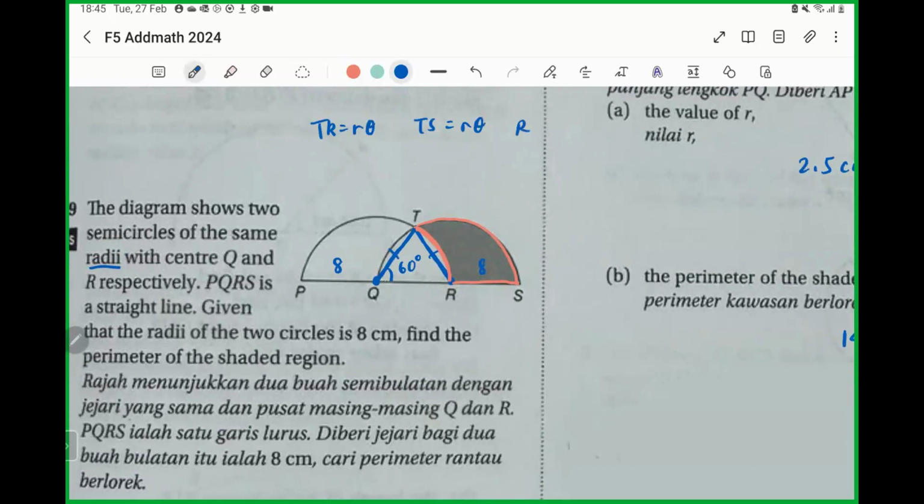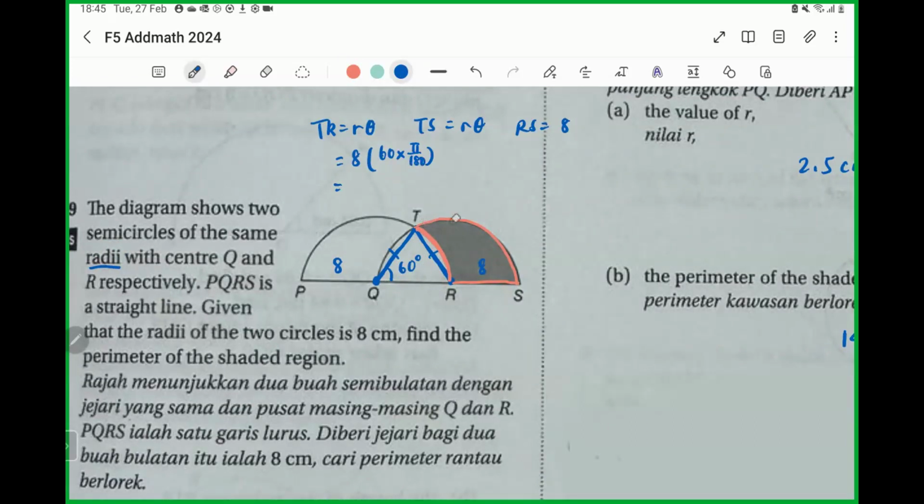Then RS is actually 8 cm. These three lengths added together equal the perimeter. For this one, r is 8 and theta is 60 degrees, so 60 times pi over 180. Then you get the answer.